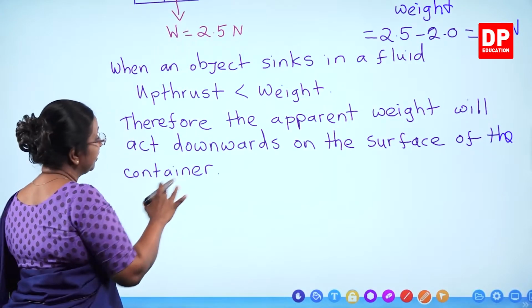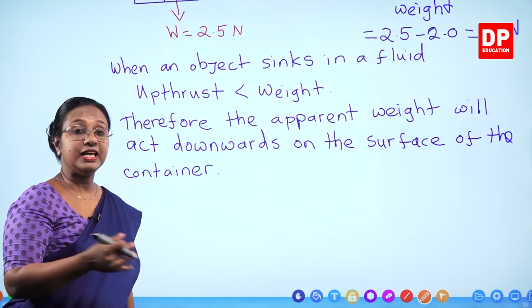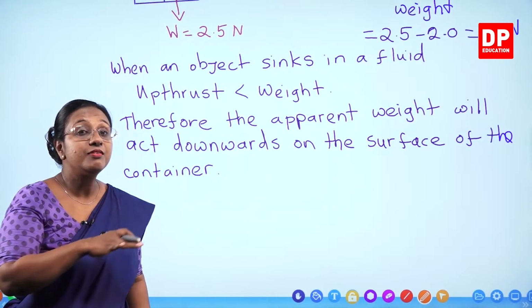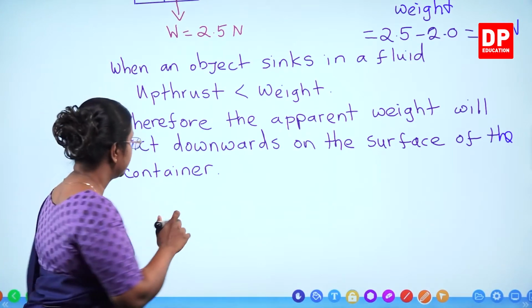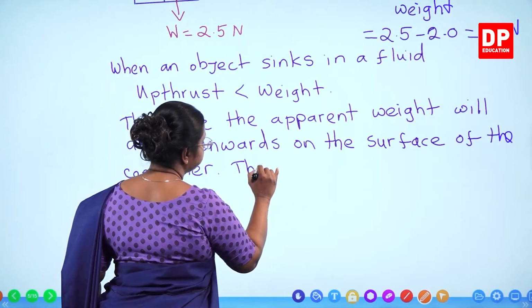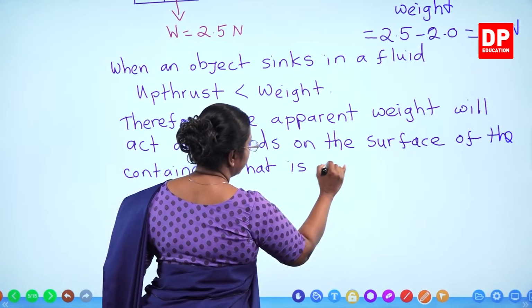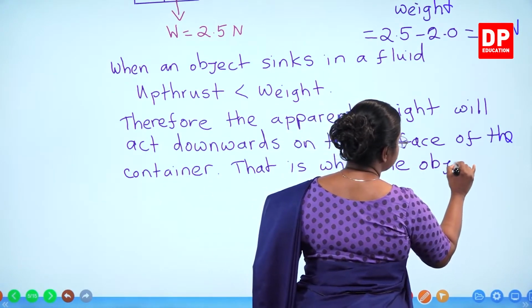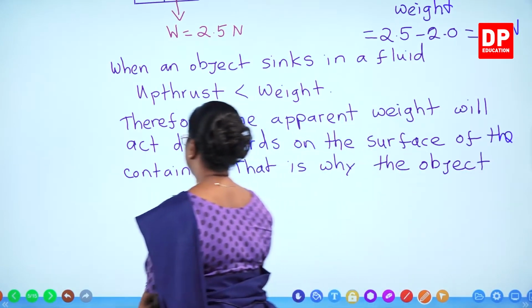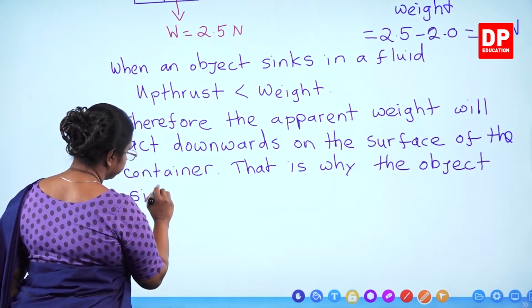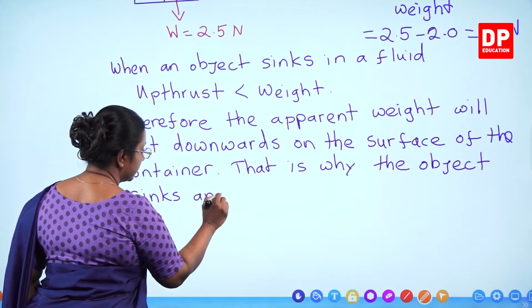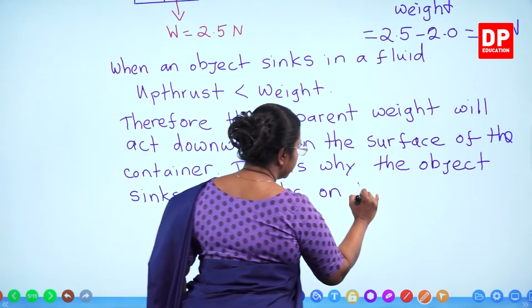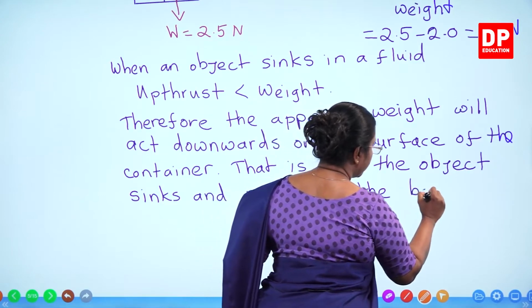So it's going down. Here, of course, it is the container, otherwise the bottom surface. That is why the object rests on the bottom surface. So that is why the object sinks and rests on the bottom surface.